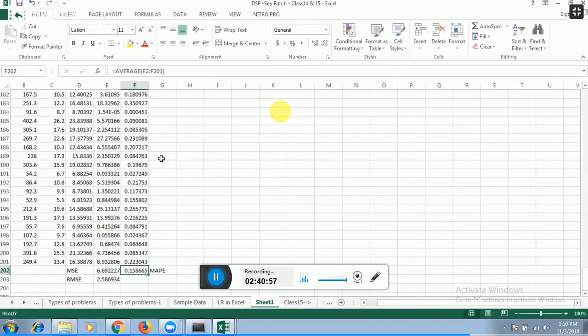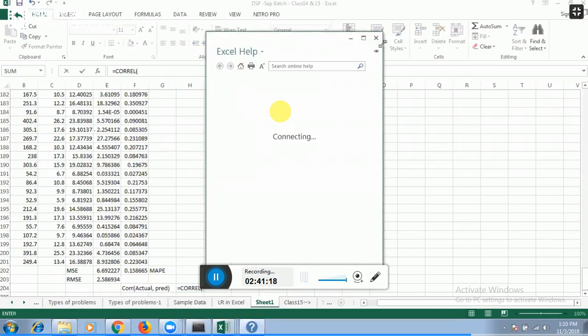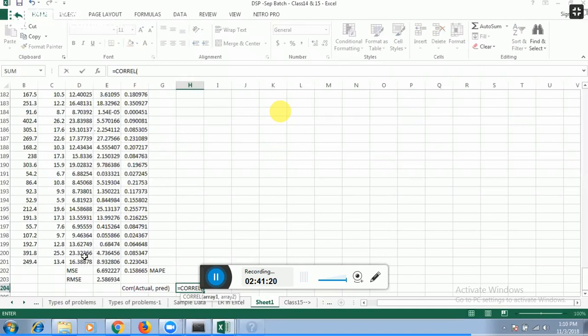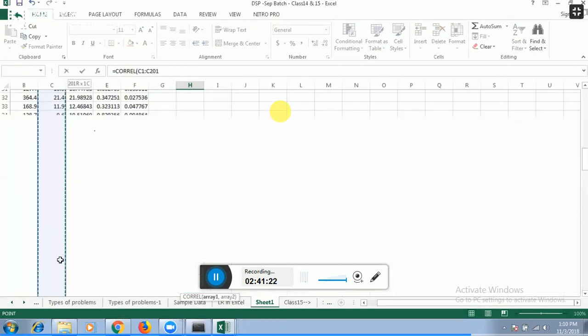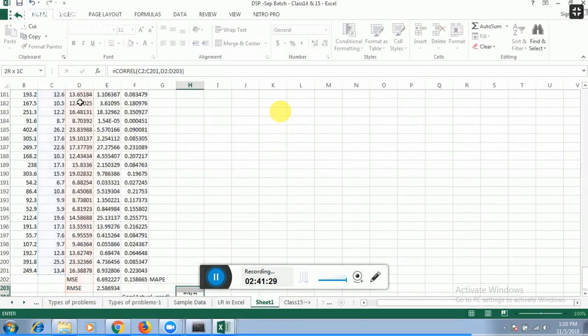So now you have the actual and predicted. I can calculate RMSE, I can calculate MAPE, and I can also calculate the correlation between actual and predicted. How can we do that? So correlation, this is my actual, comma, this is my predicted, of course.